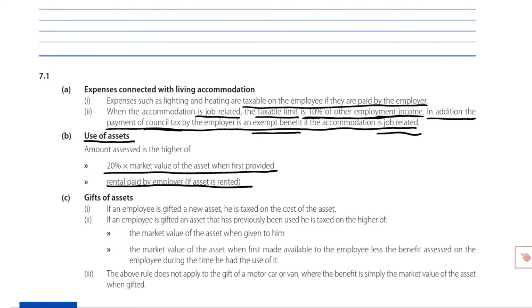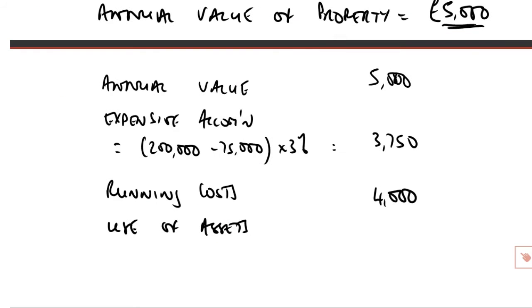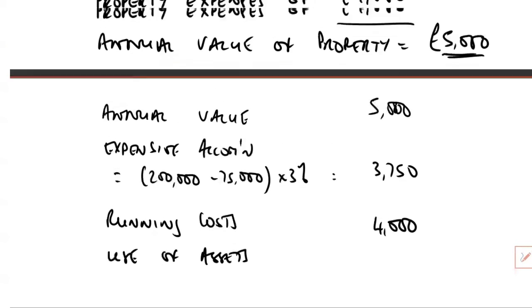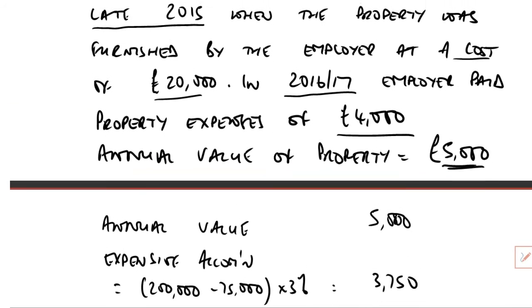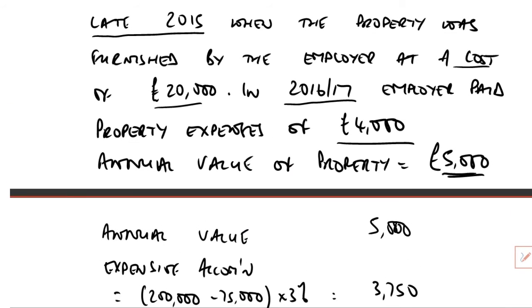On the use of assets, 20% of the market value of the asset when first provided. Now that, we're told here, was a cost of £20,000, a cost of £20,000 there. The market value when first provided for any employee's private use there.